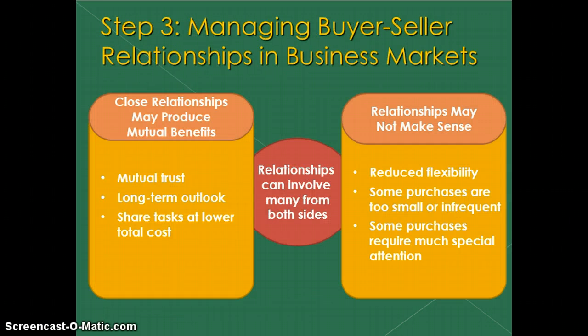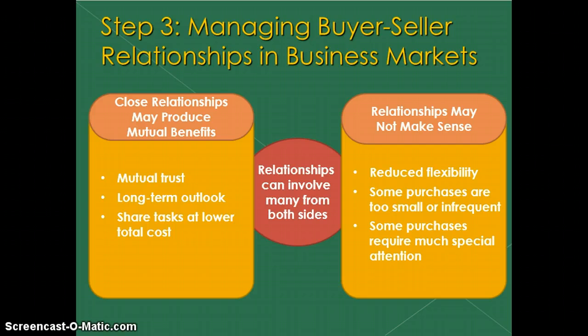Step number 3, managing the buyer-seller relationships. You have to make sure that the relationships between the buyers and the sellers, it might be casual, they might be really close, they might have been in a very long-lasting partnership where they've been working together for a very long time. Different relationships and different settings are going to be determined at this point.